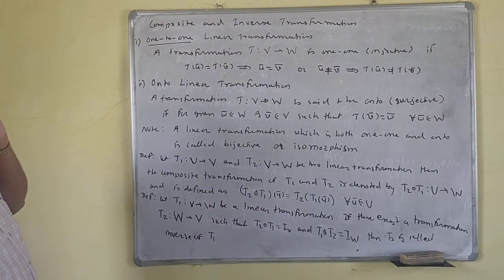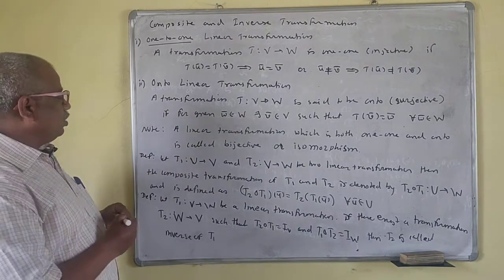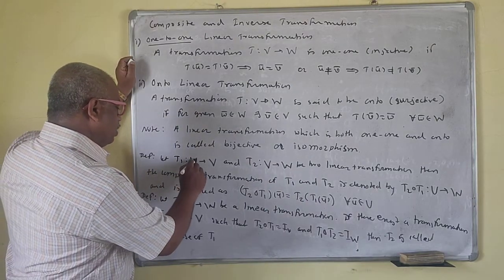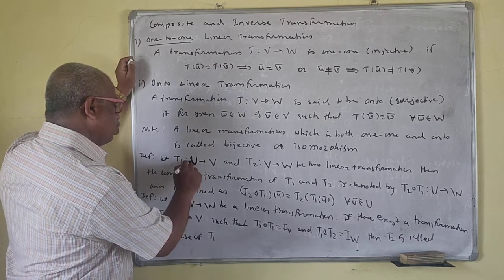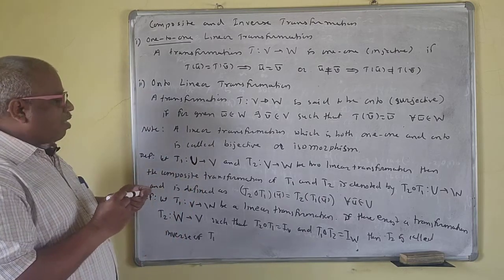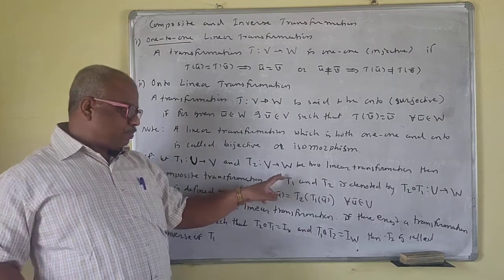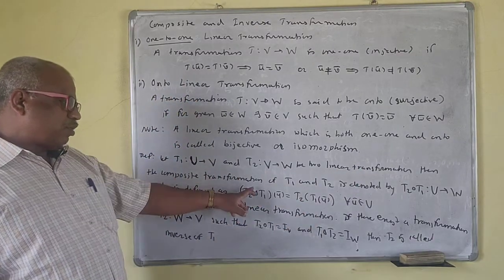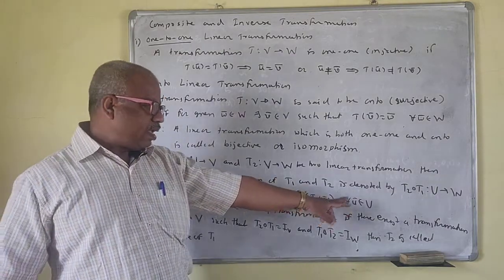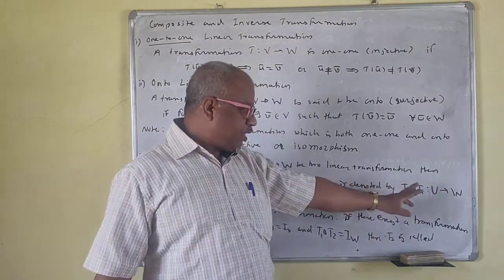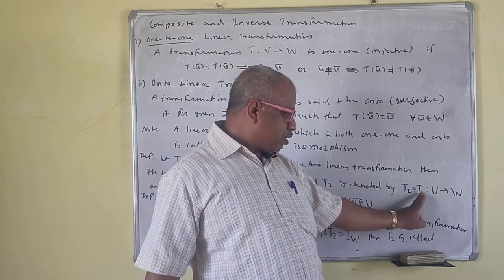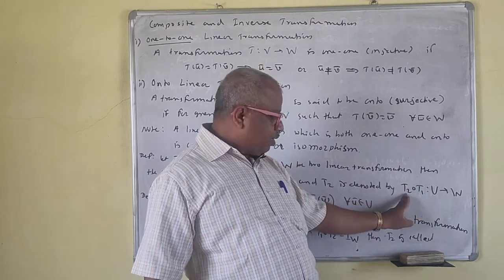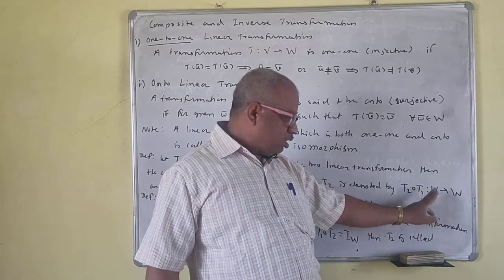Now suppose these are two linear transformations. T1 is from U to V, and T2 is from V to W. Then the composite transformation of T1 and T2 is denoted by T2 compose T1. You have to take the domain of T1 and the codomain of T2.